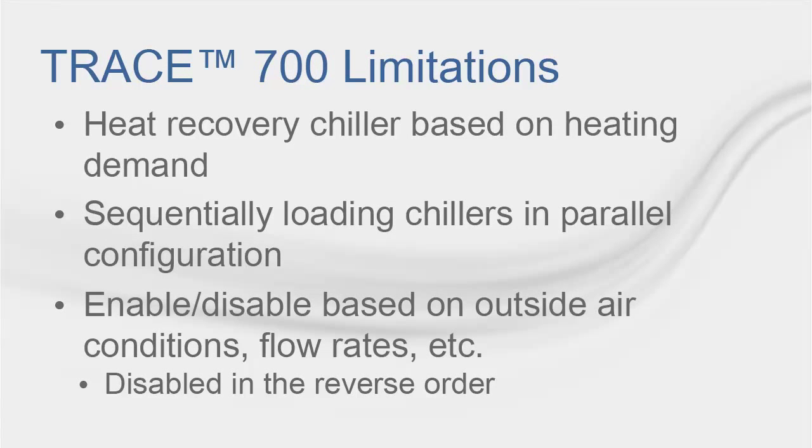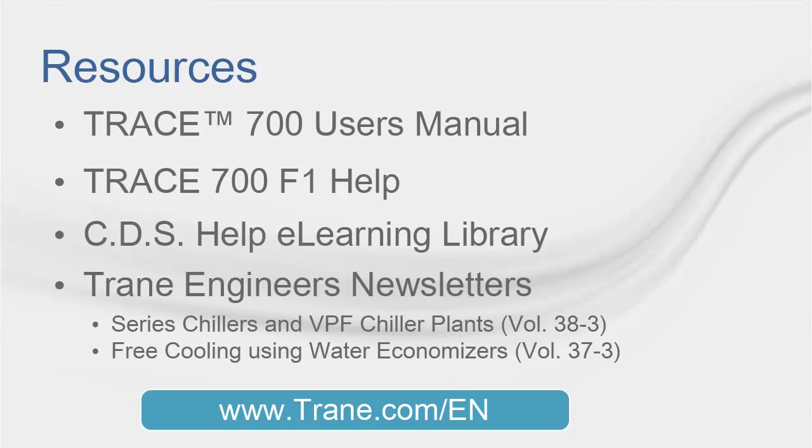In a similar vein, chillers can only be disabled in the reverse order in which they were enabled. For example, if the chillers were enabled in the order of A, then B, then C, C will be the first one to be disabled, followed by B, and then A. That covers chiller sequencing and controls.